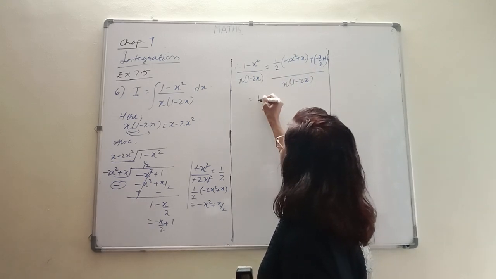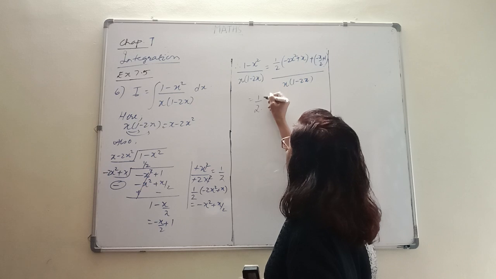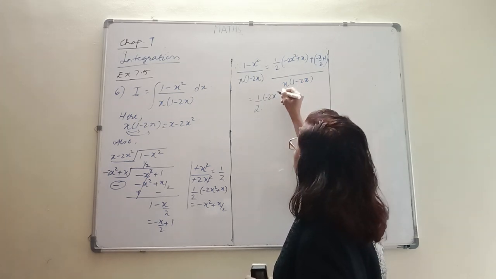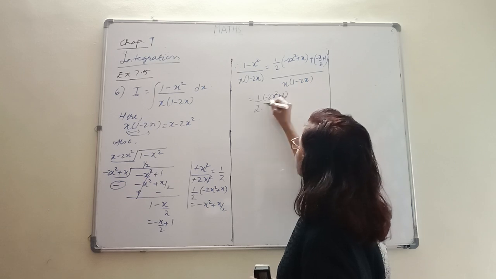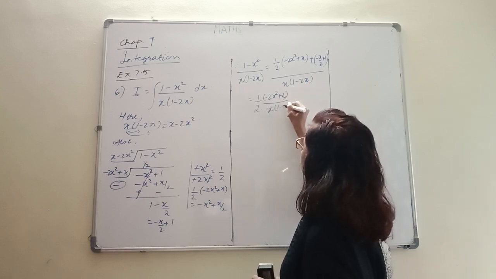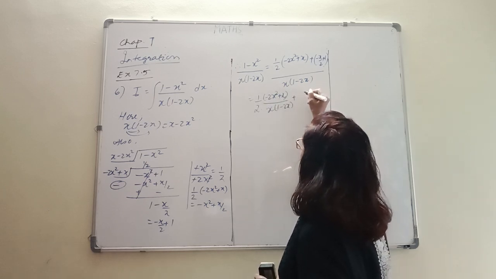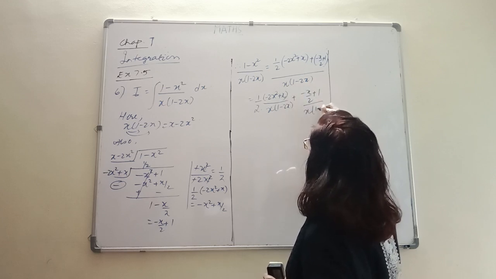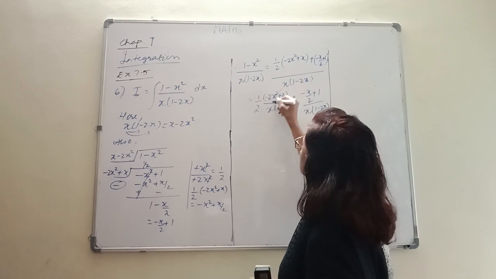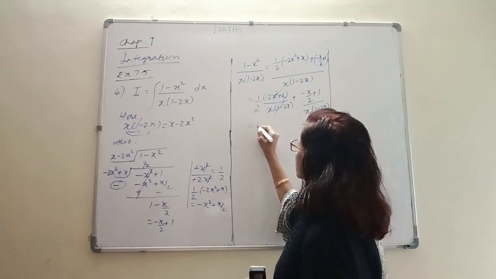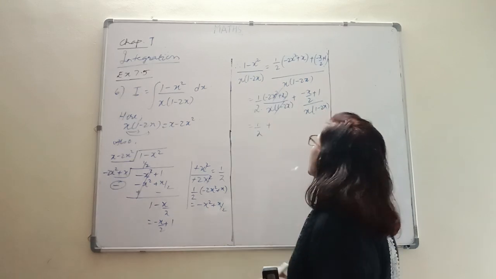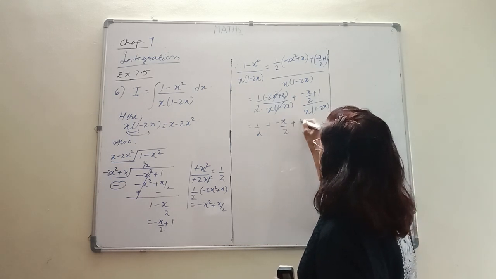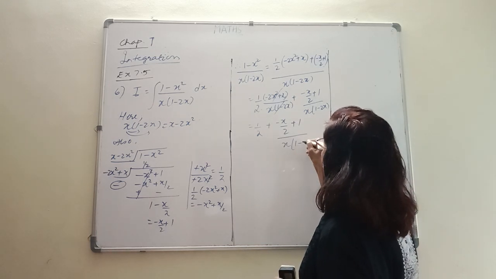When we split it, it is half times the divisor over the denominator itself, so this cancels and we are just left with the half. And then we have minus x over 2 plus 1 over x times (1 minus 2x).